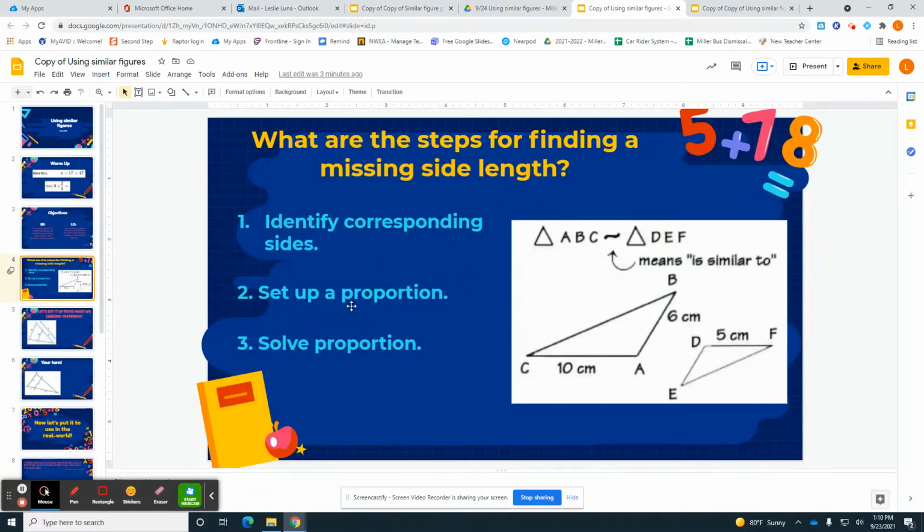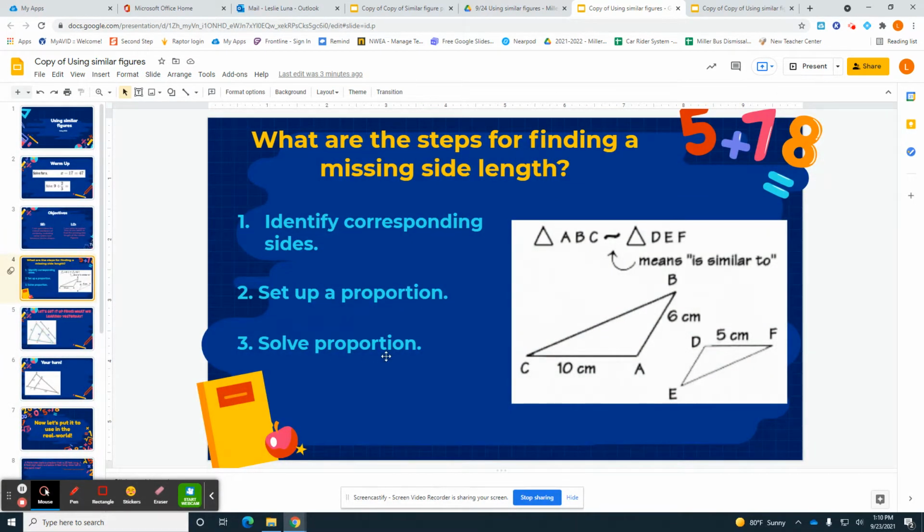Okay. So you have this question on your notes, and then you have 1, 2, and 3 for you to write them in. So the first step would be identify corresponding sides. Okay. The second step would be set up a proportion.